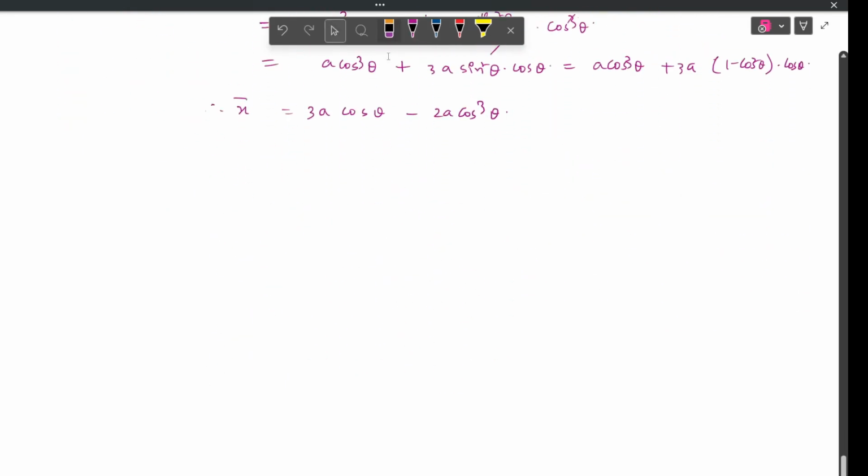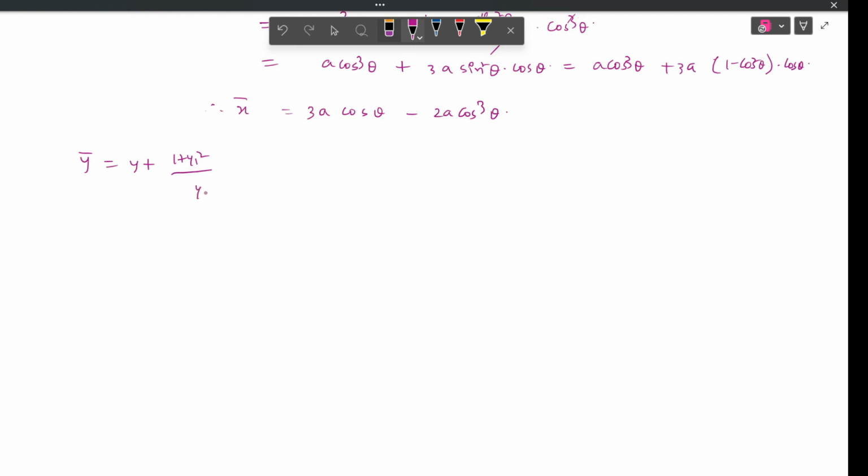Now we know y1, and y bar is y plus y1 into 1 plus y1 square by y2. So y we know is a sin cube theta, and y1 is minus tan theta.